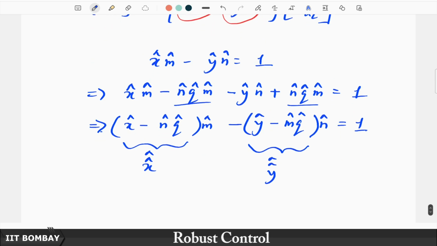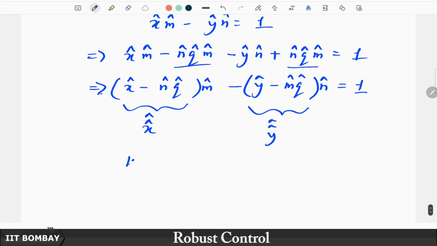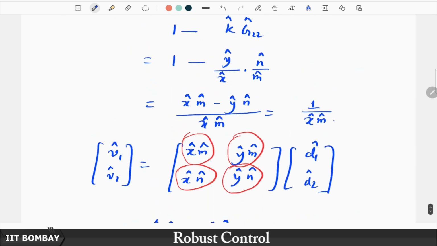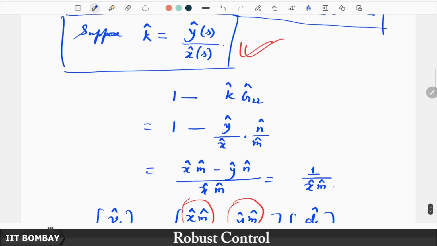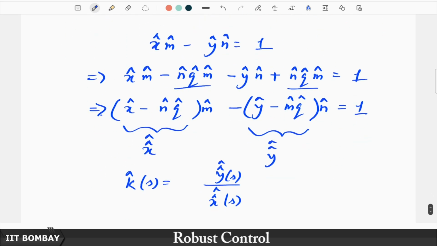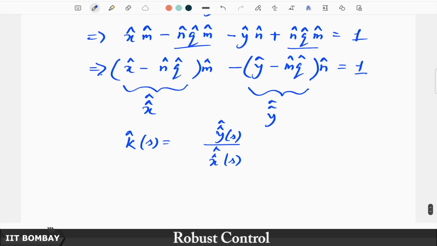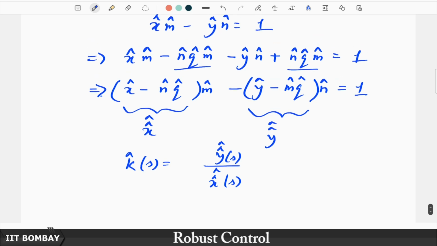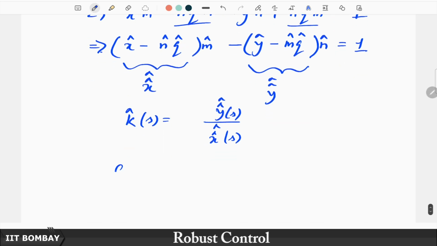And therefore, if someone says that, well, I want to choose my controller not as the ratio of y hat and x hat, but as the ratio of y double hat to x double hat, by the same line of reasoning that we have presented here, it turns out that even this will be a stabilizing controller. But what is the parameter that I can now play around with? It is this q hat.